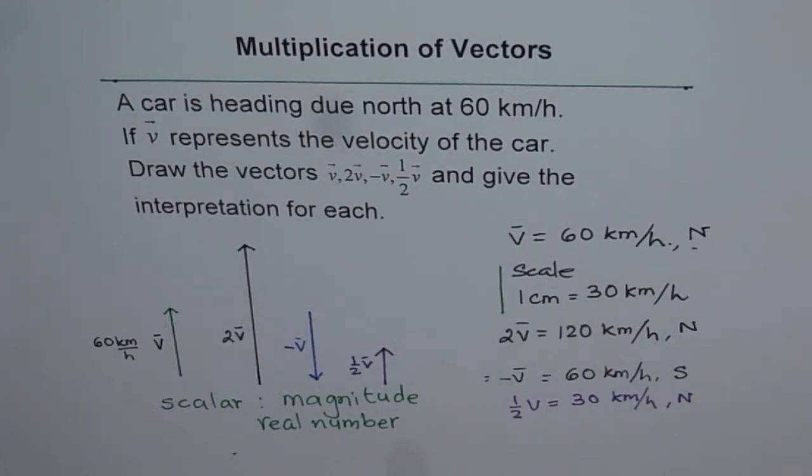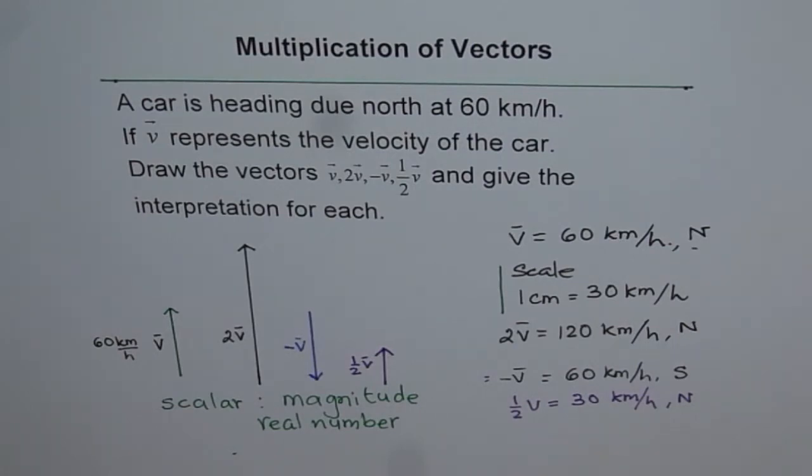I hope you understand the concept. So what we are trying to say here is that we have a vector, and if we multiply that vector by a real number, then its magnitude and direction can change, but it remains parallel and collinear with the original vector. And this multiplication by a real number is being termed as scalar multiplication.